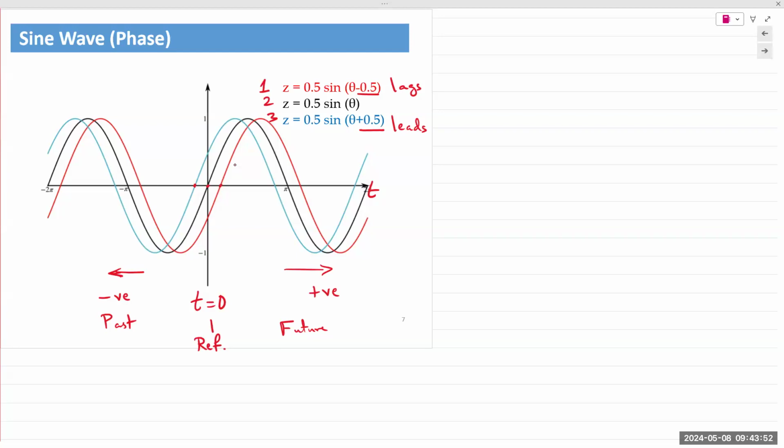Yes. That is correct. Yes. Amplitude should be 1. So that should be 1. Good noticing.